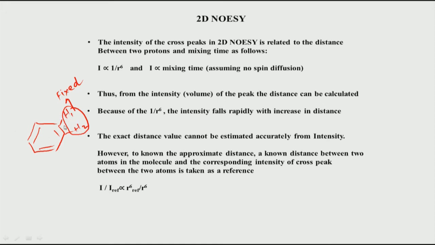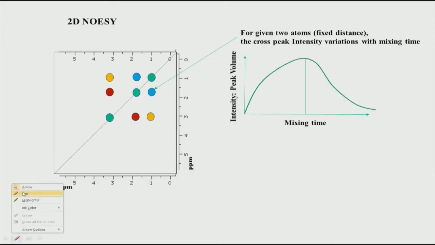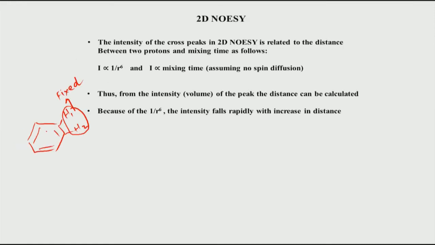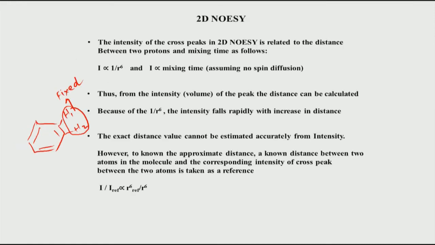Even if this whole aromatic molecule rotates, how does it rotate? Remember, in molecules it typically rotates around this axis. This is the axis of rotation in any aromatic system.